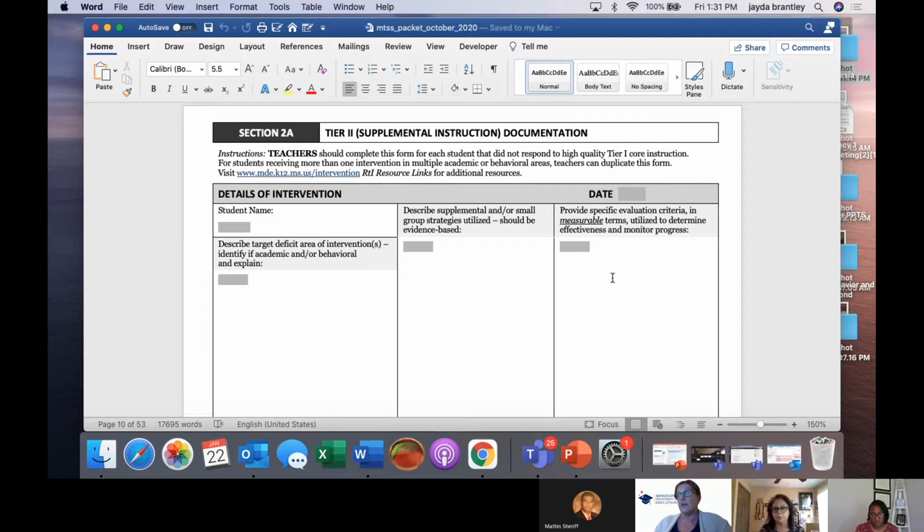So if it's coming from your evidence-based materials that you already have, then it's evidence-based. With tier 2, it's kind of just our teacher knowledge of, we know that this has been proven to show growth.